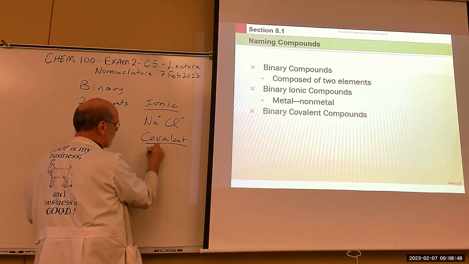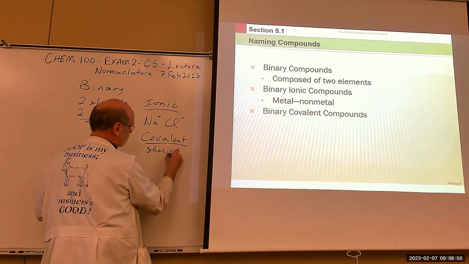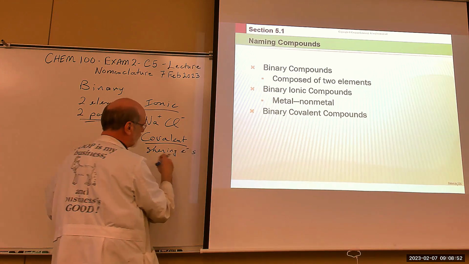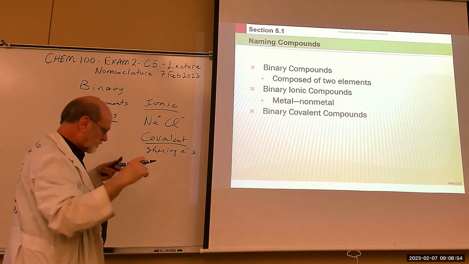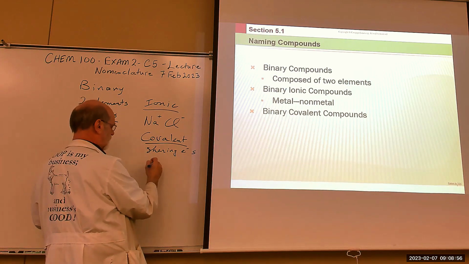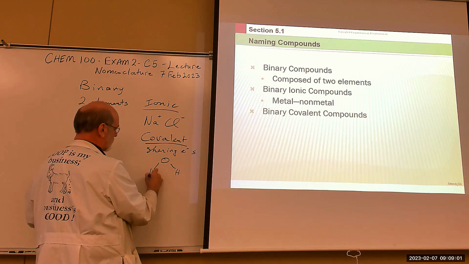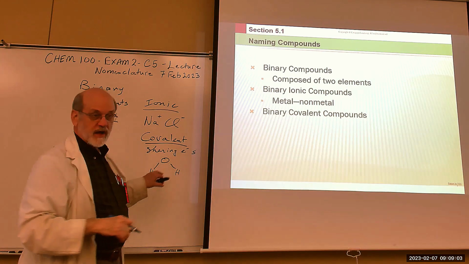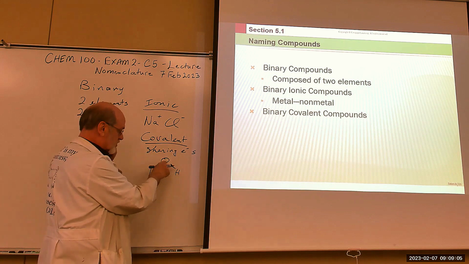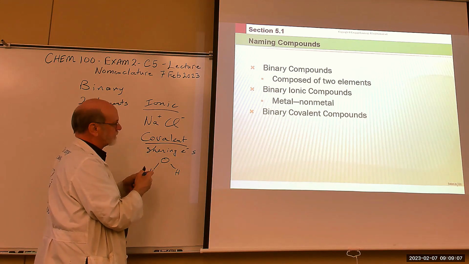This one is sharing electrons. For instance, water. We'll have an oxygen and 2 hydrogens attached to it, and those are not ions. These bonds are shared electrons between the 2.